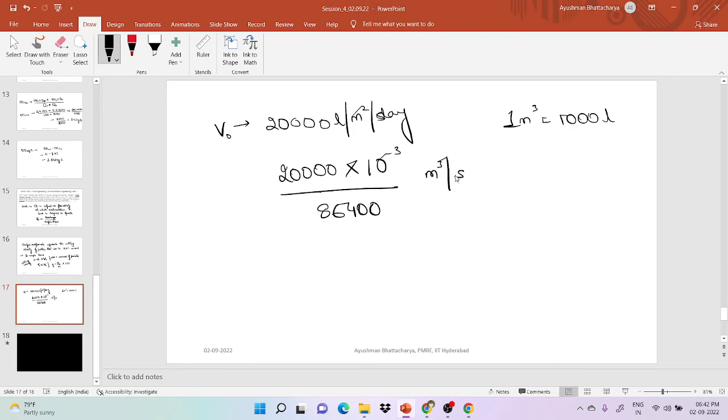If you divide 20,000 by 86,400, you will get 0.231 into 10 raised to minus 3. So you can write it as 2.314 into 10 raised to minus 4 meter per second. This is minus, please take care of the sign. 2.314.